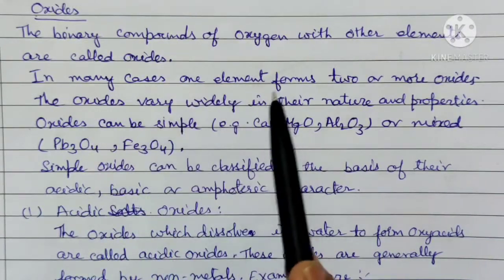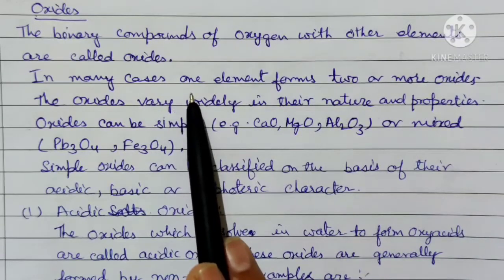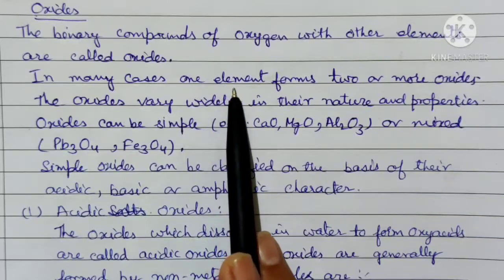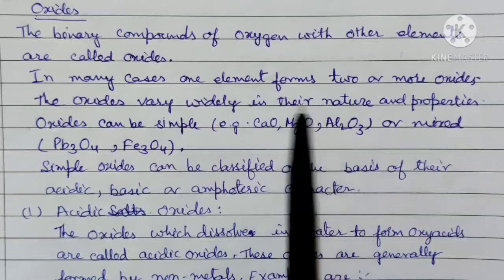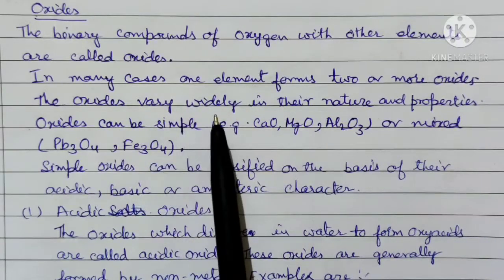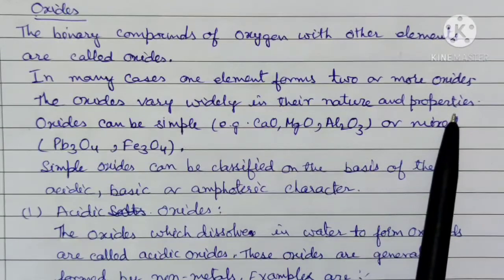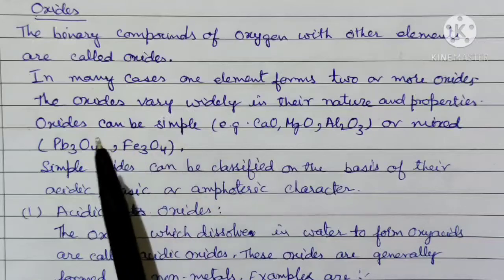In many cases, one element forms two or more oxides. You know carbon monoxide, carbon dioxide, and nitrogen forms different oxides: nitrous oxide, nitric oxide, etc. So these oxides have different properties.